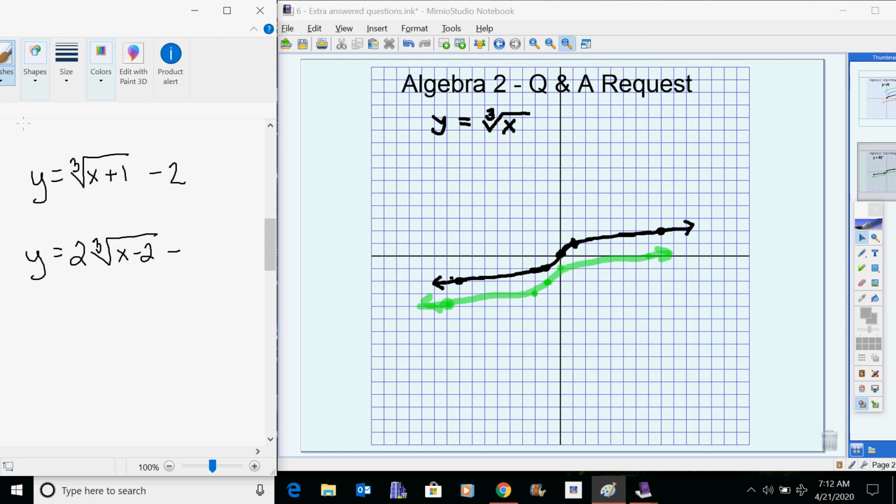Let's not make it a 2. All right, I'm just going to make a new one. y equals 2 cube root of x minus 4, plus 1.